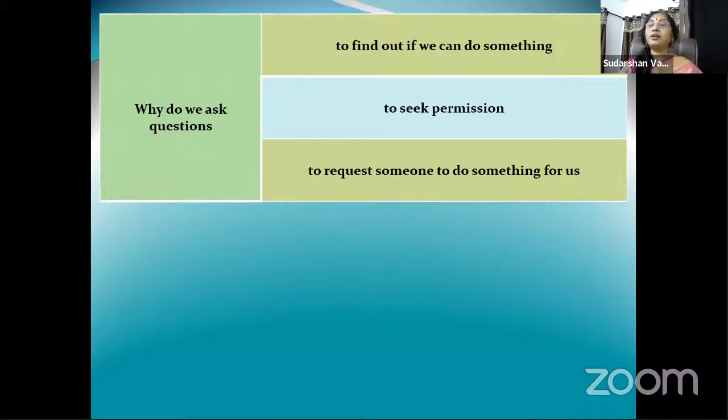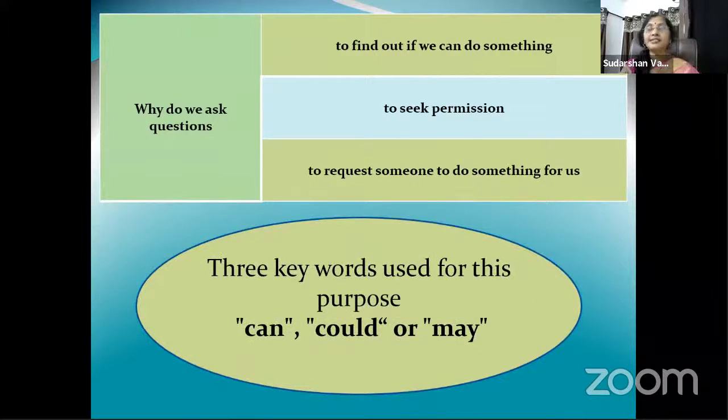So that is called making a request. The other day we did see how we make requests. And today we are once again going to see how we ask somebody to do something for us. And for this, today's crux is these three words.